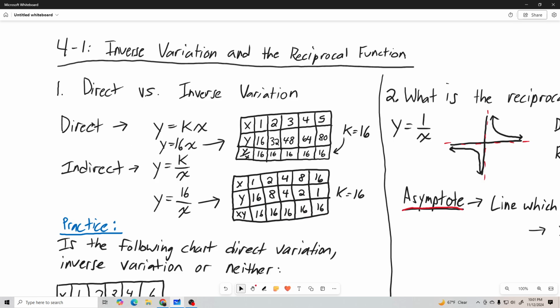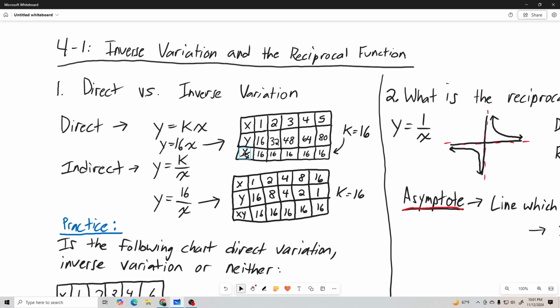So that's the difference between direct and inverse variation. Direct variation is as x increases, y increases at the same scale. Inverse variation is as x increases, y decreases at that similar scale.